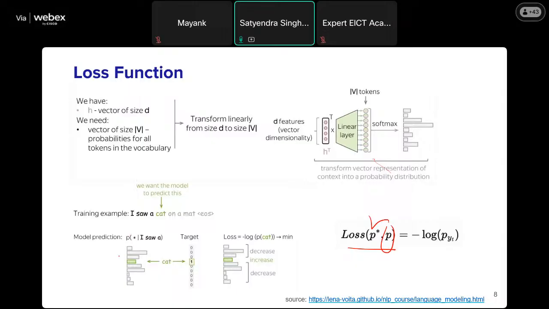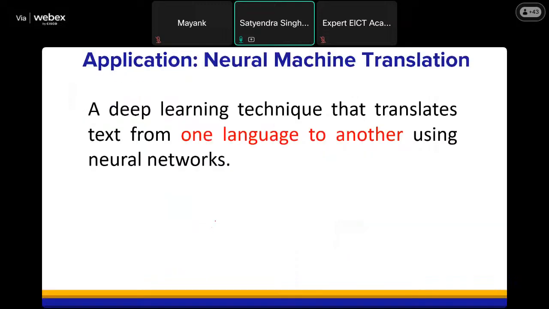For example, the model predicted a word with the highest probability, however the actual target was "cat" in "I saw a cat", to which the model gave a low probability. Then you define the loss, which is the log loss with respect to "cat", and it decreases other probabilities, and the model tries to increase the probability of that particular word. So the model is trained to minimize the loss. Usually a log loss, categorical loss, you use for the loss function.